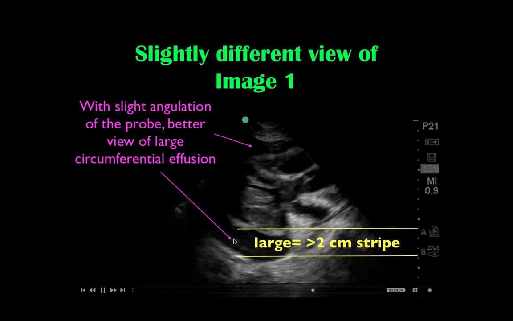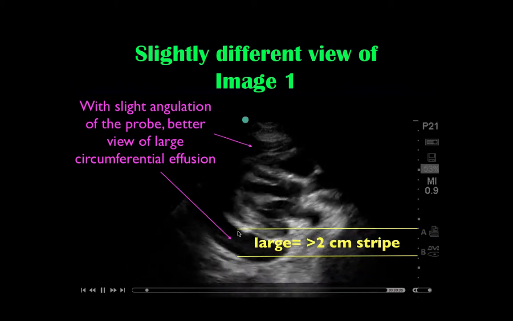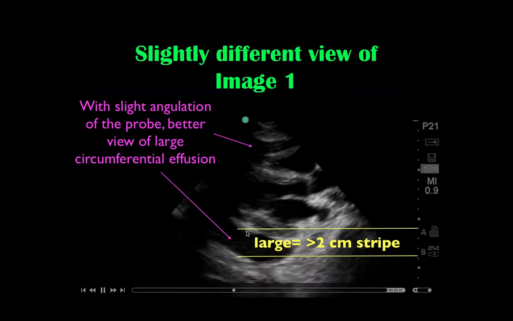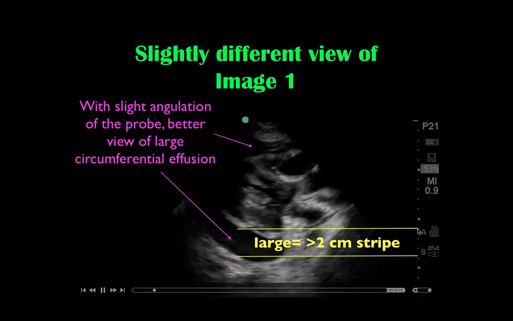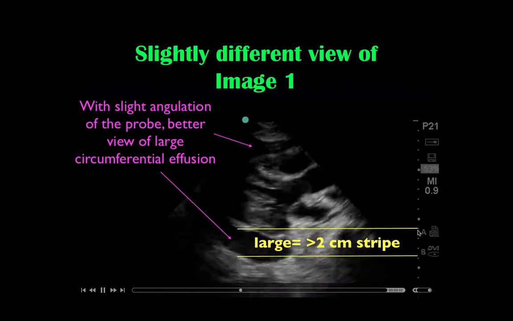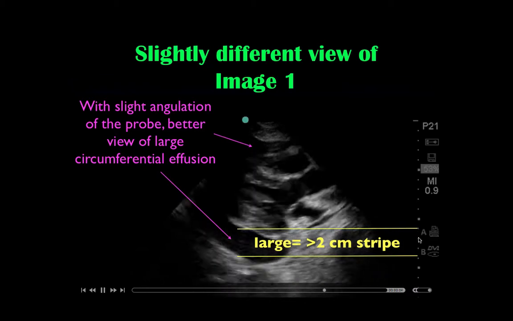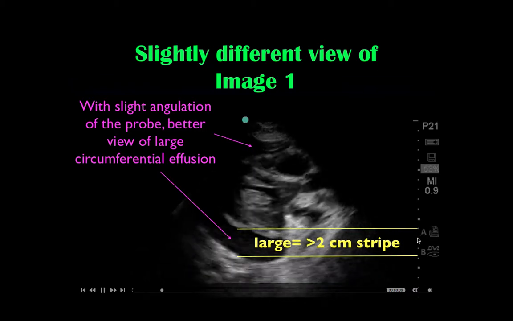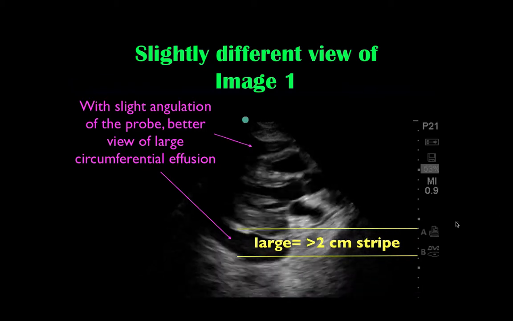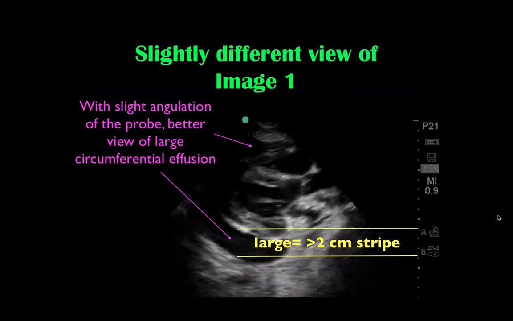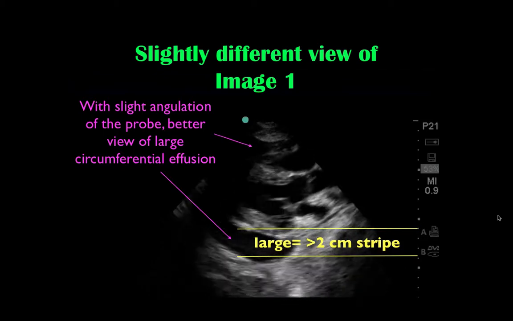We could use calipers, or we could get a quick estimate by just taking the measurements at the scale over here. Each hatch mark is 1 centimeter, so this is clearly greater than 2 centimeters. It's almost 3 centimeters. Greater than 2 centimeters illustrates a large pericardial effusion.